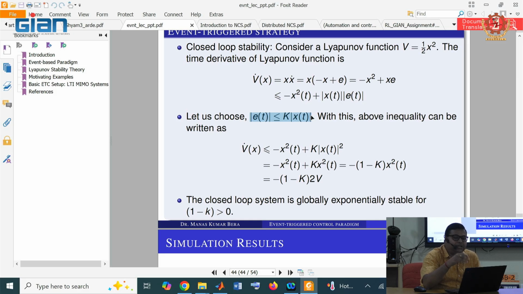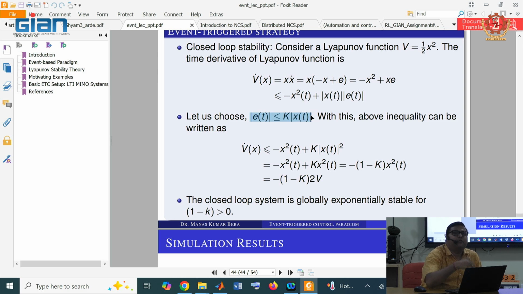Whenever the error is going to cross this threshold, it is a state dependent law basically, and whenever the error is going to cross this limit, then you do the sampling and the error will come to 0. Then you allow the error to grow over time, and whenever it crosses the threshold, then again you take a new measurement. So you can delay the sampling.